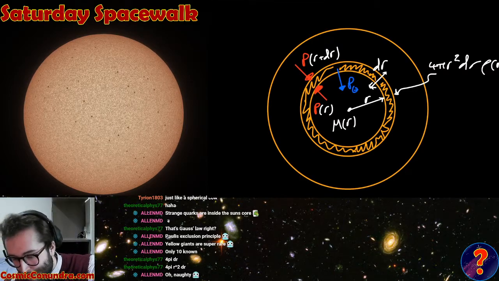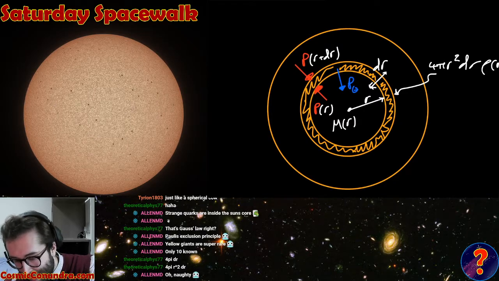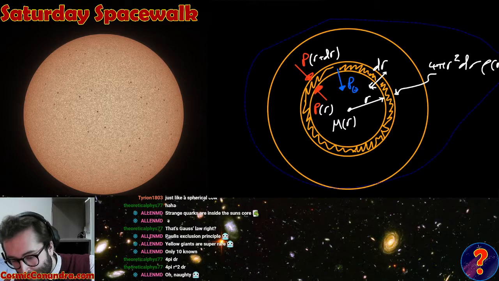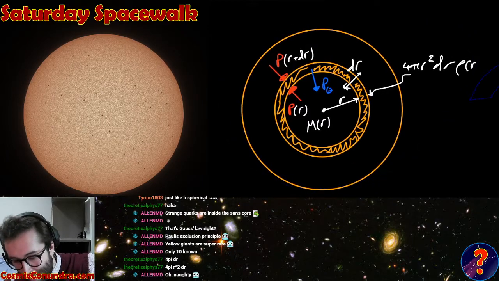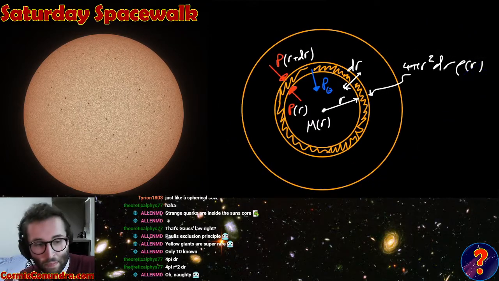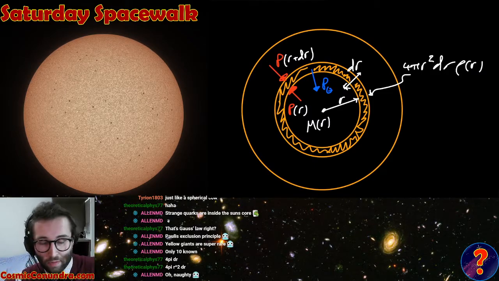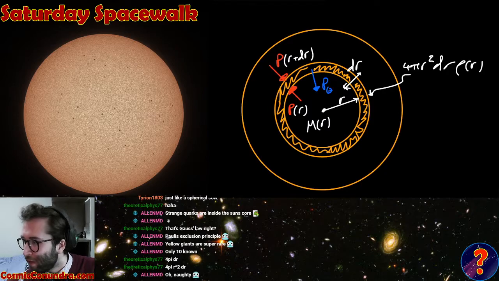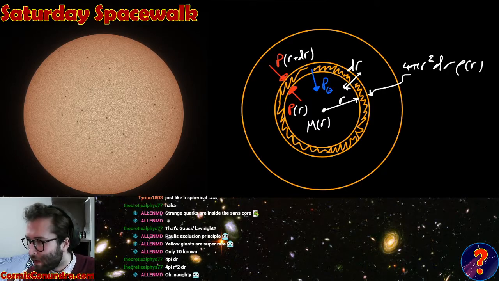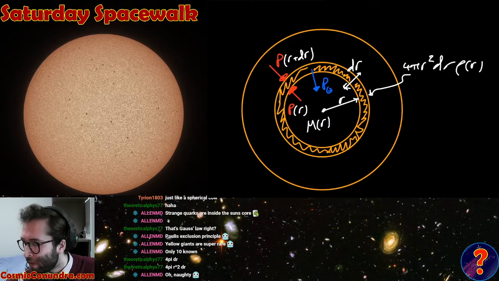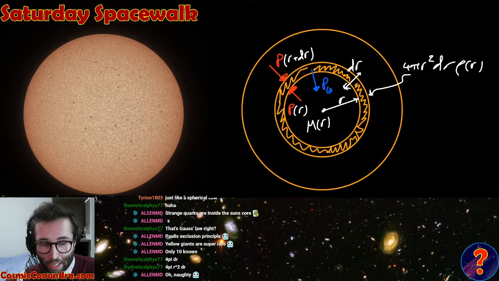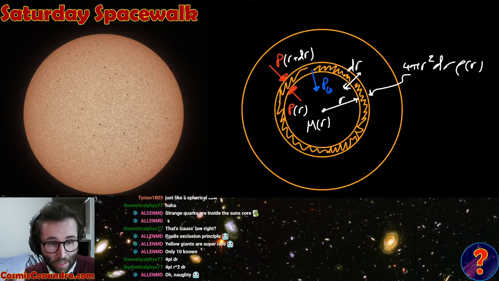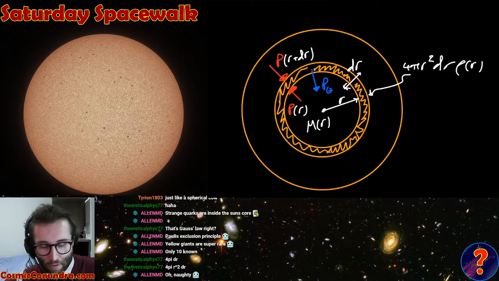And we can kind of imagine in our heads, we can predict that this pressure here will be less than the pressure P(r). And that's because simply the pressure further in has to support a greater weight on top of it, because there's more material further in. You know, when you increase the radius out, there's more material. So the pressure that is further out will be smaller, rather, than the pressure that is further in, okay?